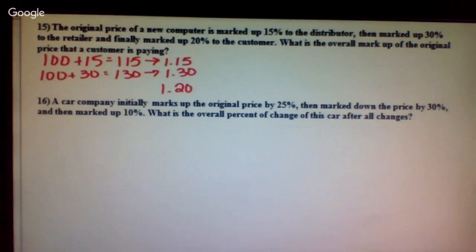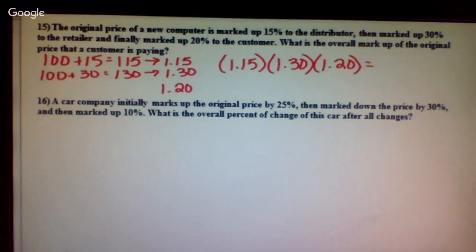What is the overall markup? Well, we need to multiply all these together. 1.15, 1.30, 1.20. 1.794. Okay, subtract 1. Now what do we get?